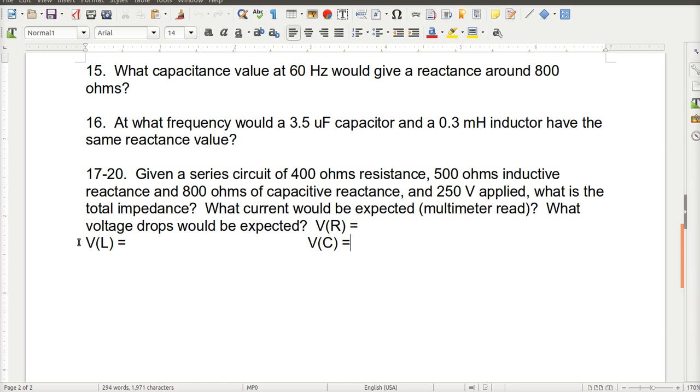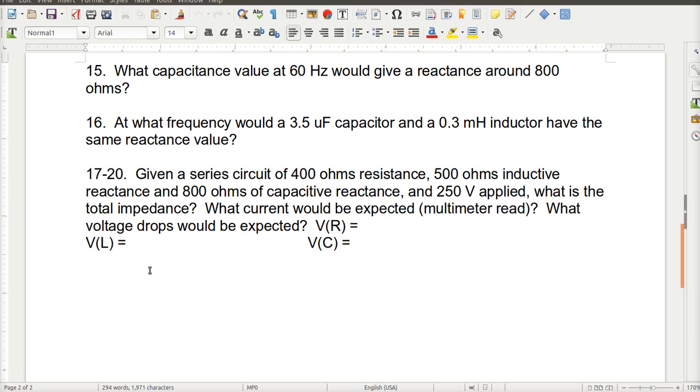Same with the inductor. The inductor is 500 ohms at an angle of 90 times the current that you got, so you get a different voltage and a different angle. Capacitive reactance is negative 90, 800, so you get a different voltage with a different angle.